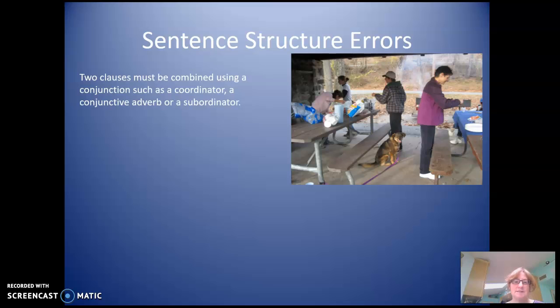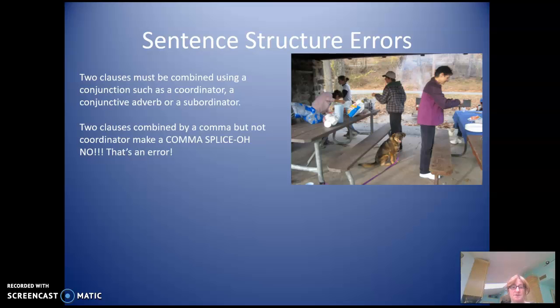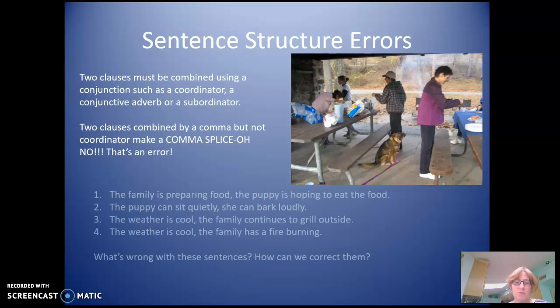So two independent clauses must be combined using a conjunction such as a coordinator, a conjunctive adverb, or a subordinator if it's a complex sentence. Two clauses combined by a comma, but not a coordinator, make a comma splice. Oh no, that's an error. What is a comma splice? Look at this. The family is preparing food, comma, the puppy is hoping to eat the food.